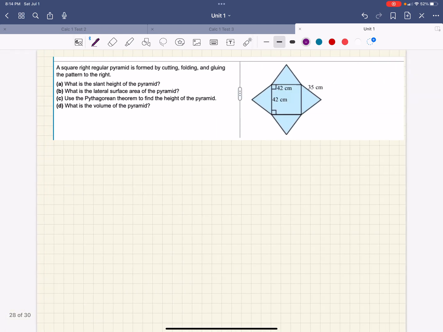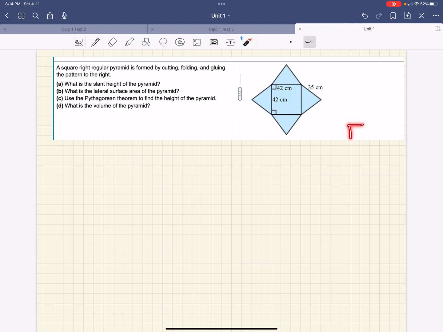Okay, here we have a square right rectangular pyramid. So what we've got right here is a square, and then if you fold those up, you get a pyramid.